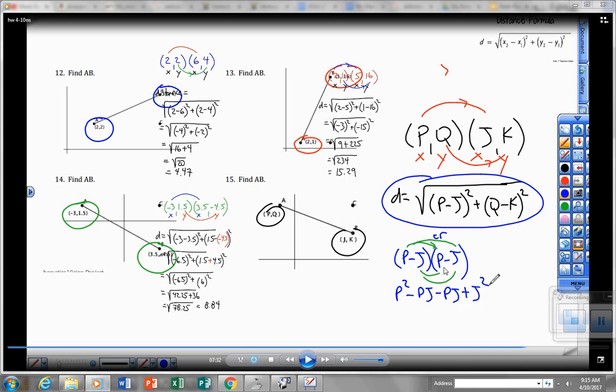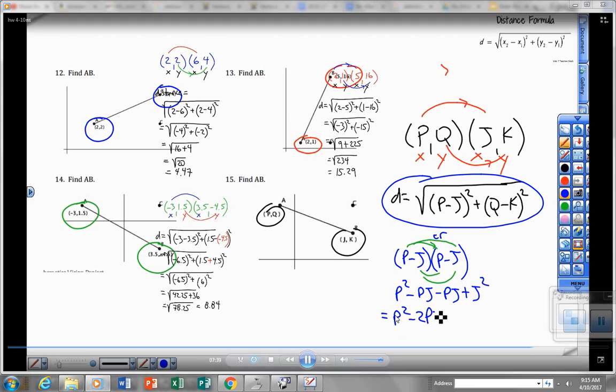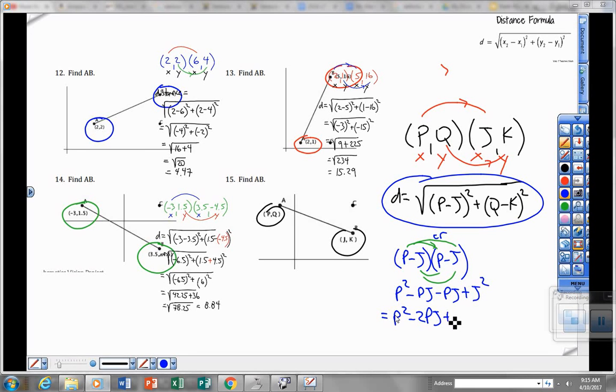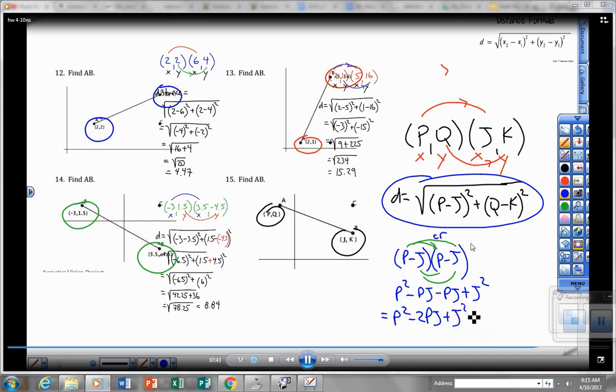Negative J times P is another negative PJ, and then negative J times another negative J gives me positive J squared. I'm going to combine those two middle terms to get P squared minus 2 of those PJs plus J squared. So believe it or not, that is P minus J squared.